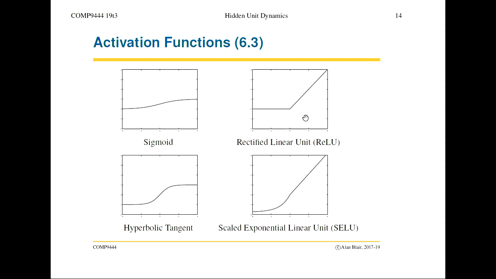Sometimes we have what's called a leaky ReLU, where the left-hand side isn't quite flat, but might be, say, 0.2 times x. So there would be a slight gradient here, but much flatter than this. Like I said, at first sight, it seems quite surprising that this would work.